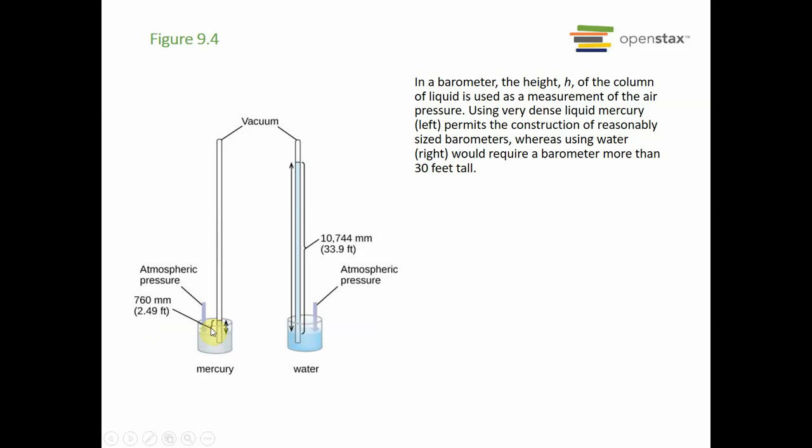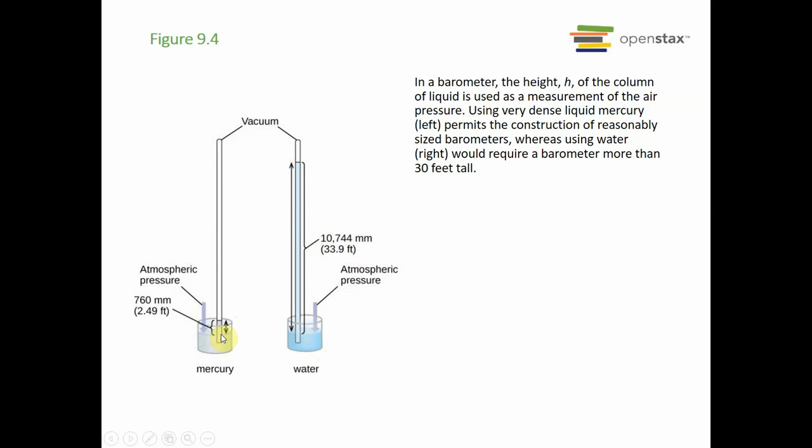Okay, so here's your bowl of mercury. This is your test tube that's inverted. As they point out, it has a vacuum here. Now, this can be done with water too, but water goes up 33.9 feet before it pulls a vacuum.